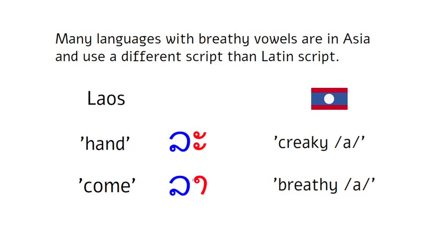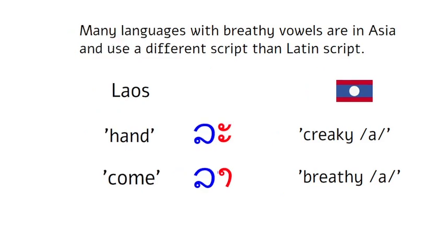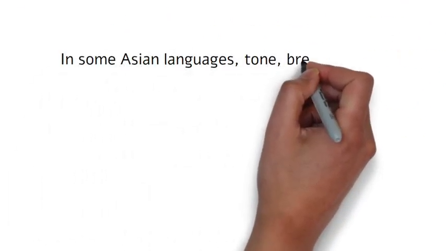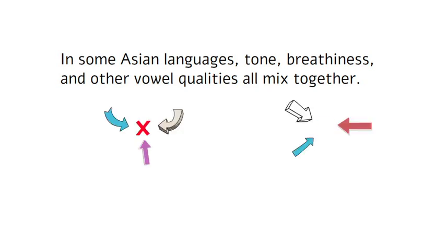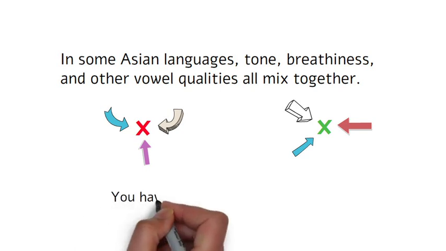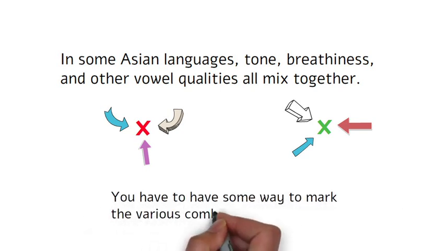One has a with creaky voice, one has a with breathy voice. In some Asian languages, tone, vowel length, and breathiness or creaky voice all mix together as one package, and you can't treat them separately. But you have to have some way to mark the various combinations.